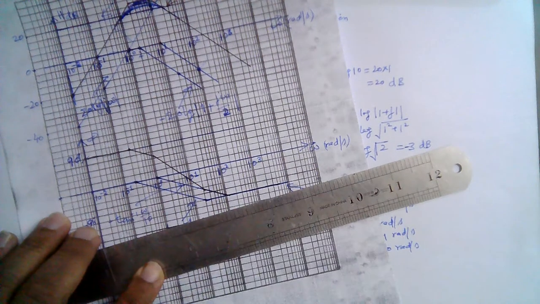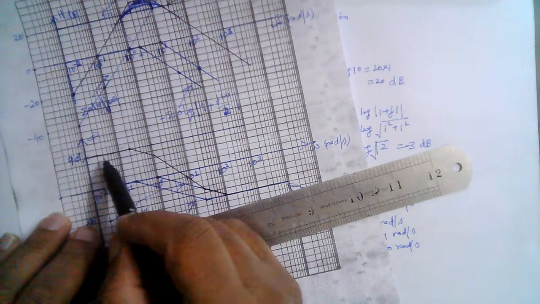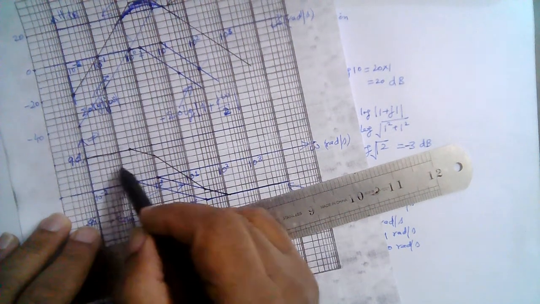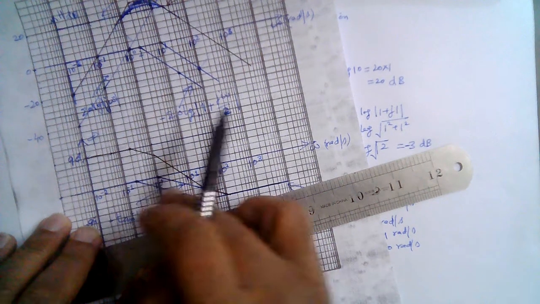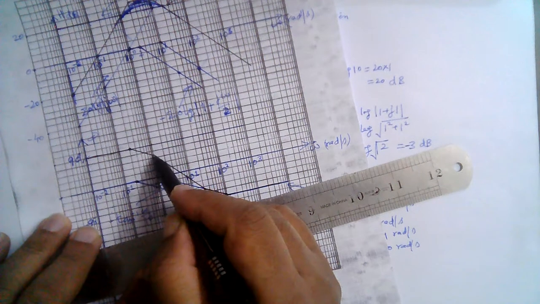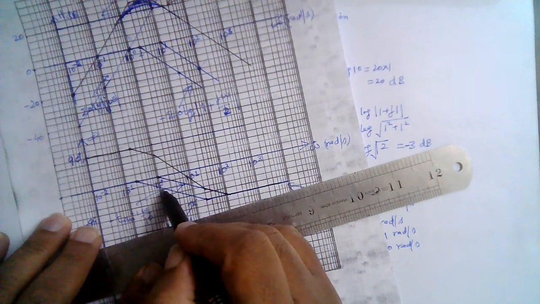Right? Similarly, at each point we can see this. Let me summarize it again. So we start with the 90 degrees here, because there is no other term from this point till this point, and from this point onwards till this point we have two terms, one 90 degrees and one minus 45 degrees per decade.